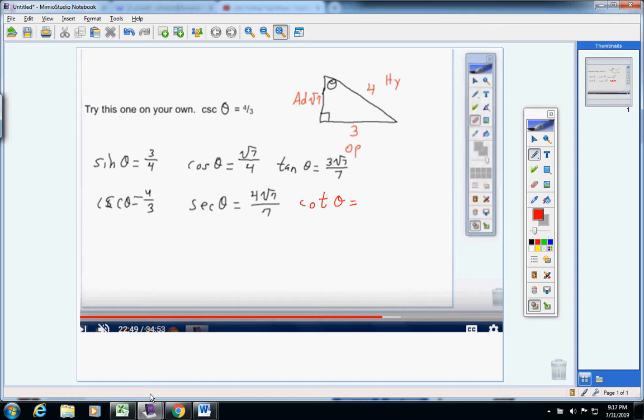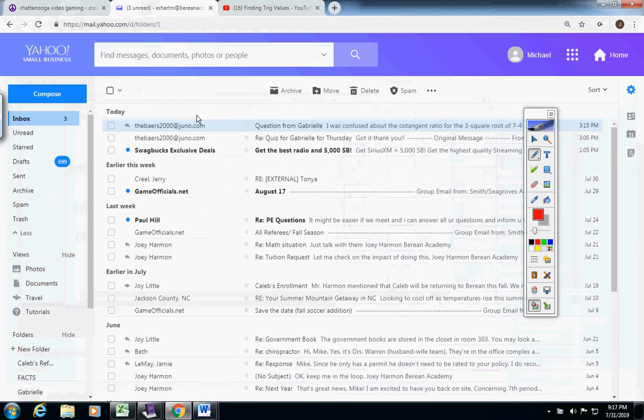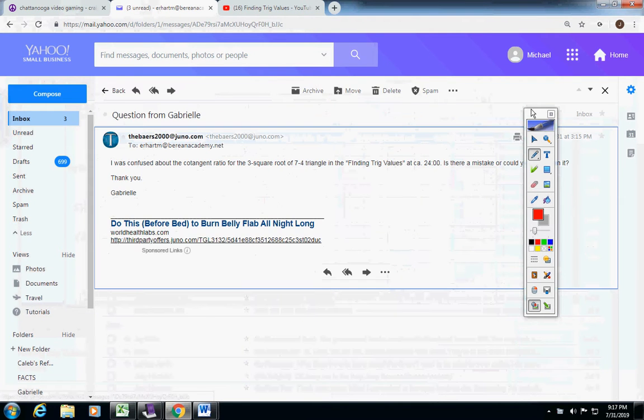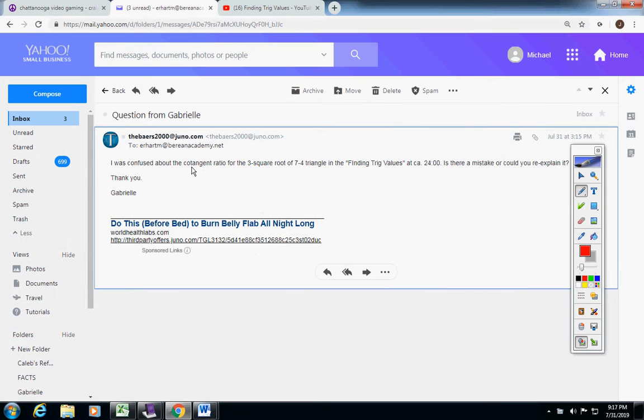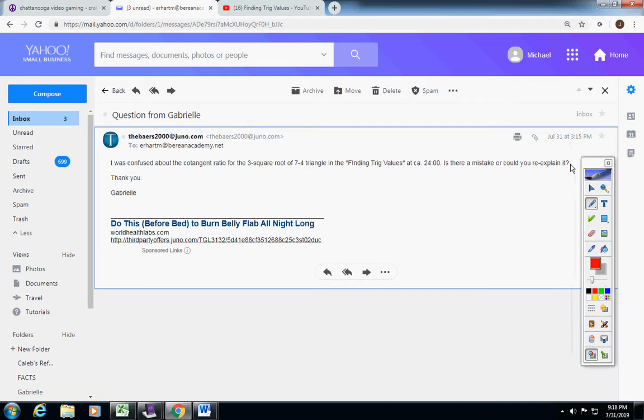Your email said you were confused about the cotangent ratio for the 3 square root of 7. Then you said 4 triangle. I wasn't sure what that meant right there, and so I'm going to pick it up and just redo this.